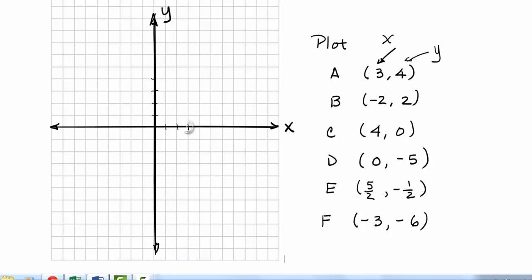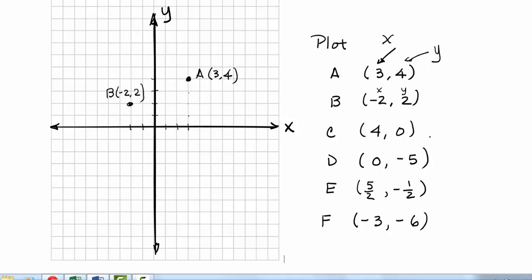So I go over to the right 3, up 1, 2, 3, 4, and that's my point A, which is (3, 4). Now if I look at point B, it says to go -2 on my x, right, and +2 on my y. So I'm going to go to the left 2, because to the left is negative, right, and then I'm going to go up 2 in the y direction. So there's my point B, which is (-2, 2).